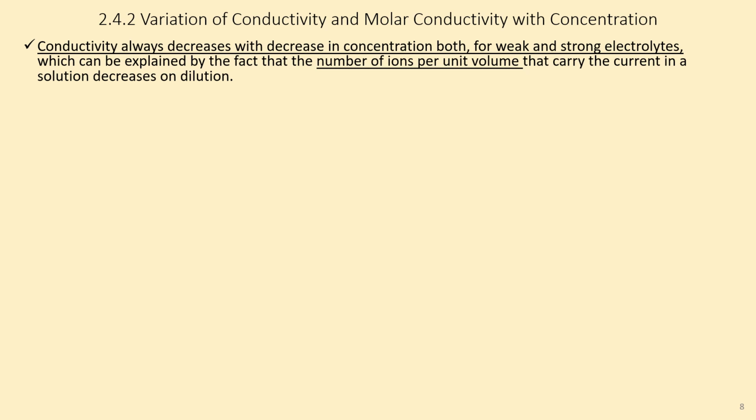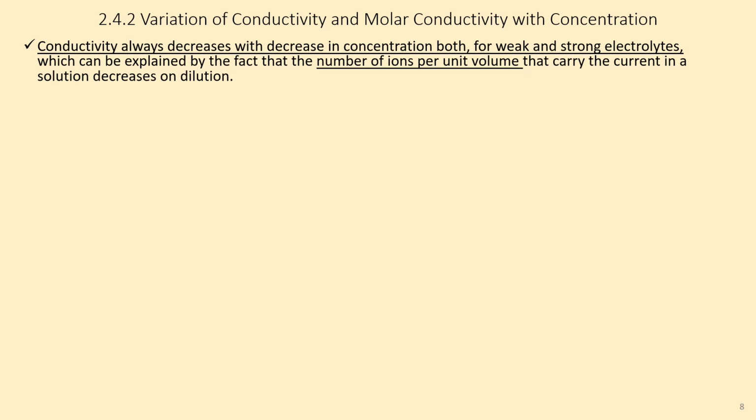This can be explained by the fact that the number of ions per unit volume that carry the current in a solution decreases on dilution. The conductivity of a solution at any given concentration is the conductance of one unit volume of solution kept between two platinum electrodes with unit area of cross section and at a distance of unit length.